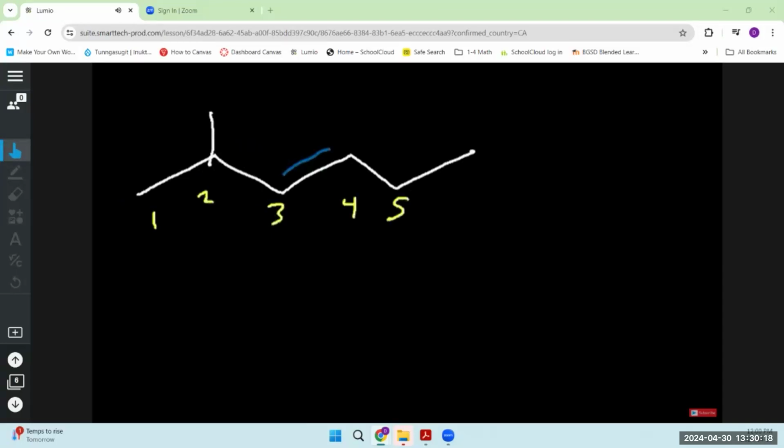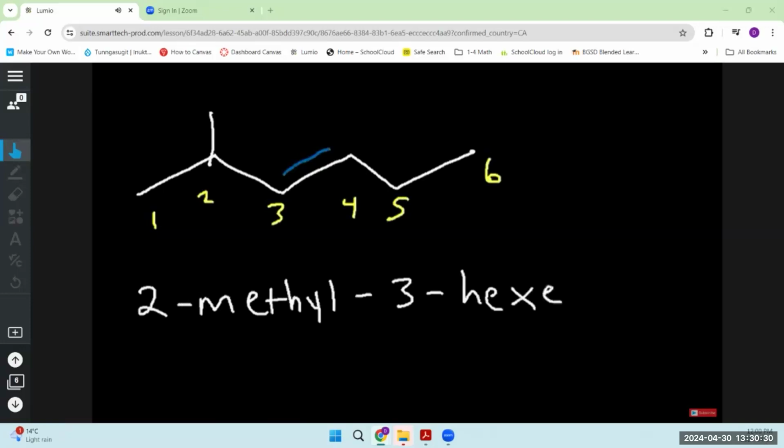So therefore, we want to count from left to right. So this is going to be 2-methyl-3-hexene, since the double bond is on carbon 3 and a 6-carbon chain is hexane, but we have to add the suffix -ene.